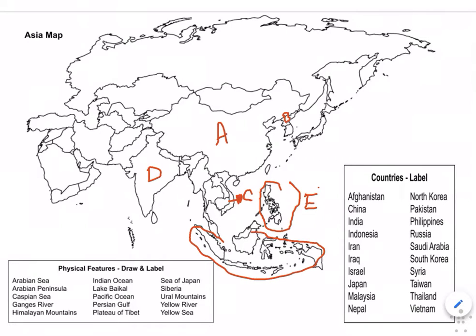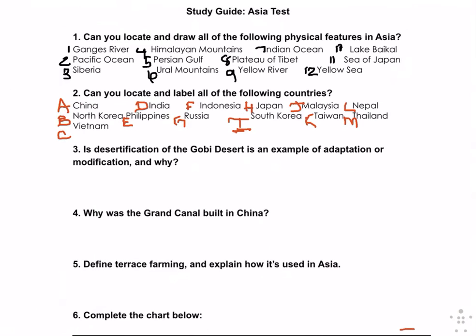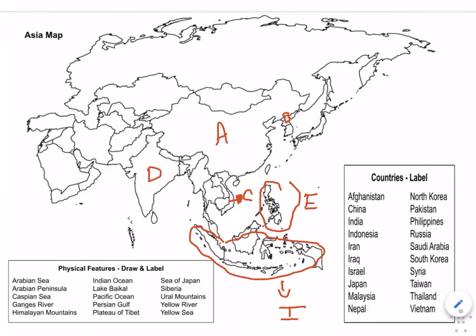I need to get that region right here, and then this would be F, right? Am I correct? I'm sorry, the Philippines is E. Let me erase that. This would be E.